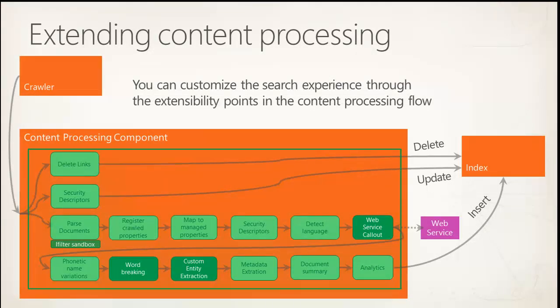Runar has already made use of the custom entity extraction. You saw how we could just create a text file containing holidays, and then add that using a PowerShell commandlet.